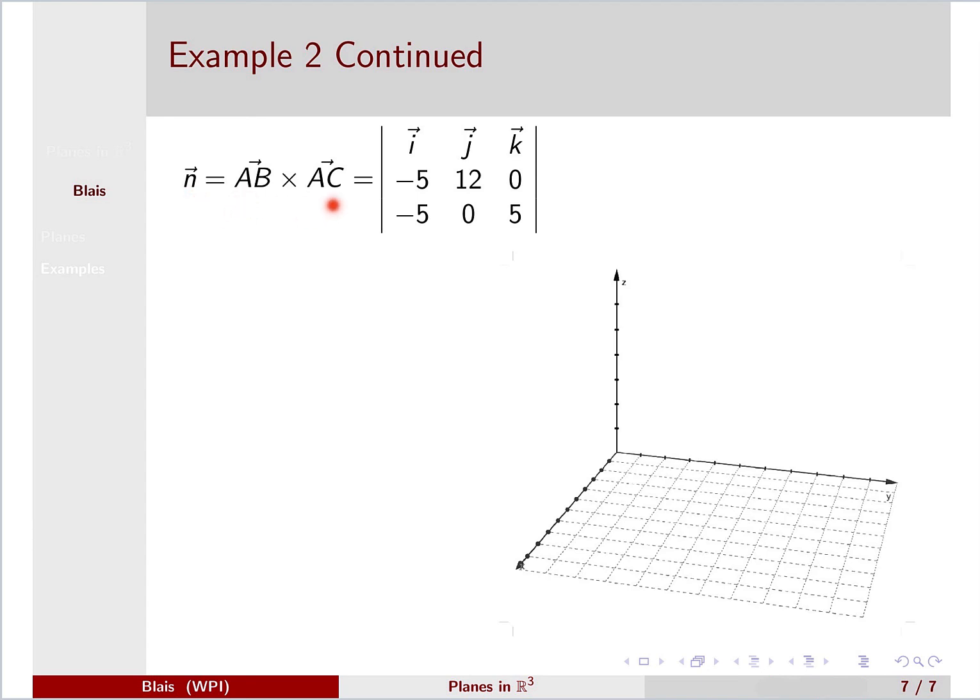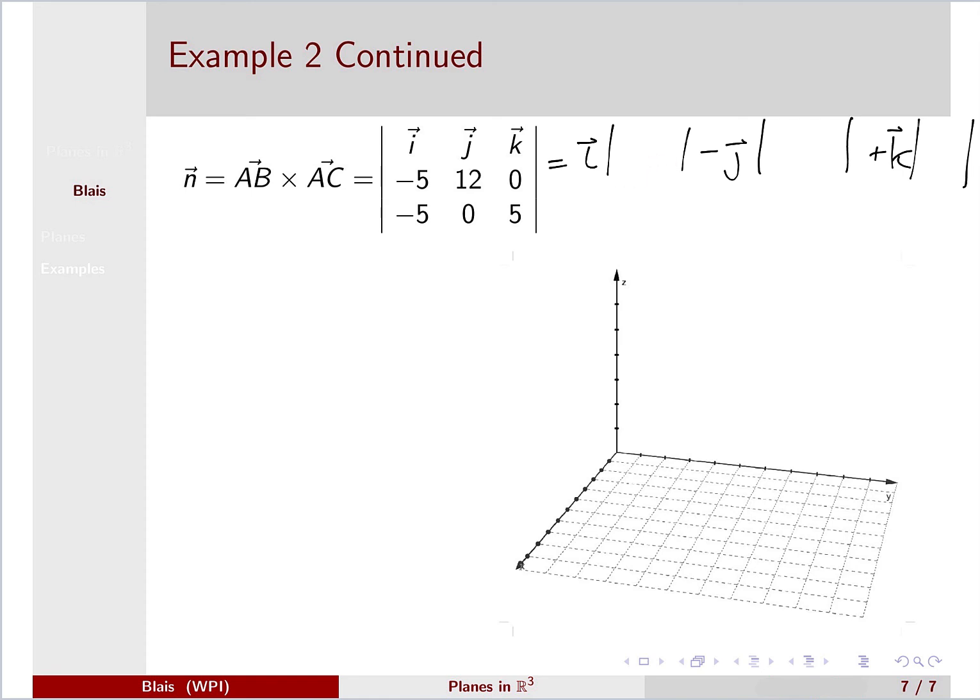So n, which is AB cross AC, let's recall we set up our 3 by 3 determinant, where the top row are the unit vectors i, j, k, the second row are the entries of AB, and the third row are the entries of AC. And we break this down into the sum of 3 2 by 2 determinants. So the first 2 by 2 is multiplied by i, and we subtract the next 2 by 2 multiplied by j, and then we add the last 2 by 2 multiplied by k.